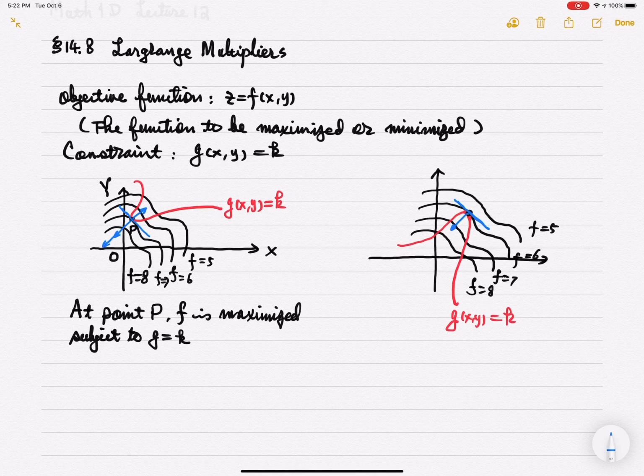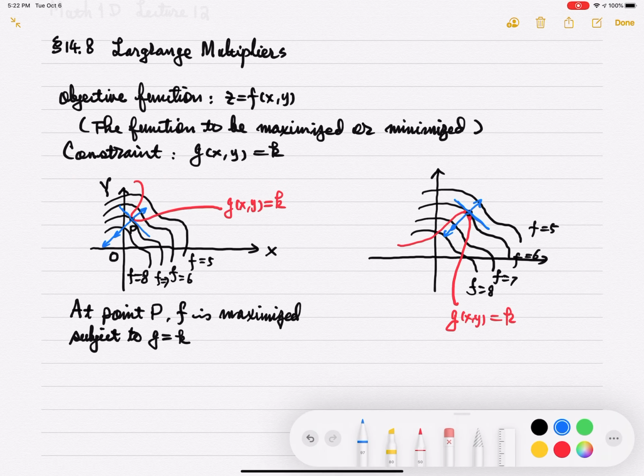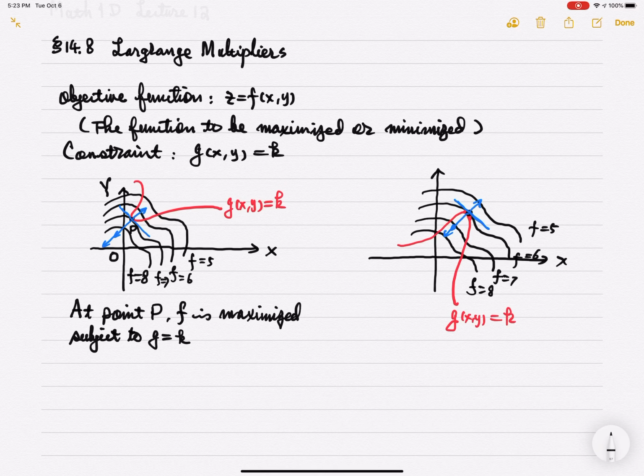And for g, here we don't know. It can point in this direction or that direction, because here we only draw one g. If you have more g, g equal to constant, we don't know whether it moves up or moves down. Anyway, so the gradient vectors of f and g should be parallel to each other. At least we can say that.